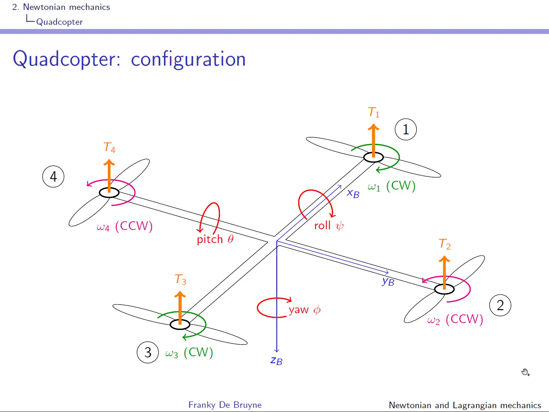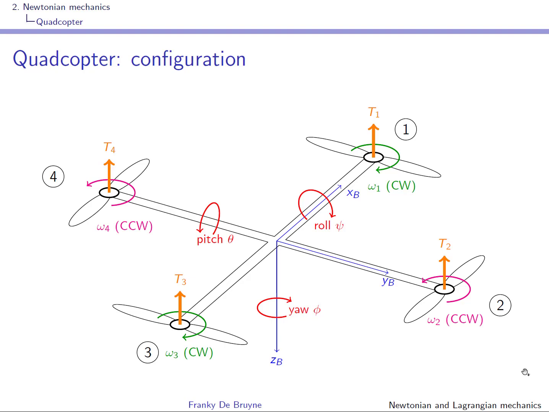As we have seen previously, we will be using a reference frame that is attached to the quadcopter, and that is the so-called body frame. You will see if you take your right hand and you point your thumb in the direction of Z, that you're going from X to Y. You can do that for the other directions, XB and YB also, and you will see that the reference frame that we are using is indeed right-handed.